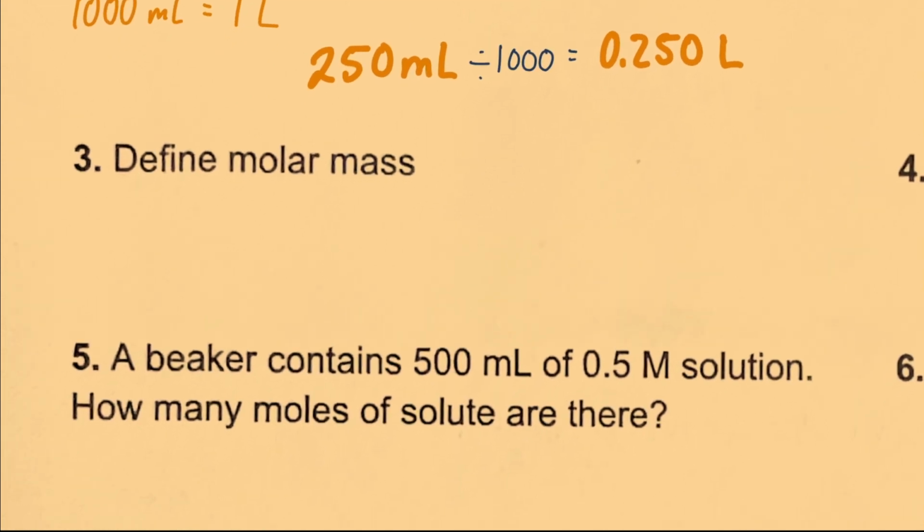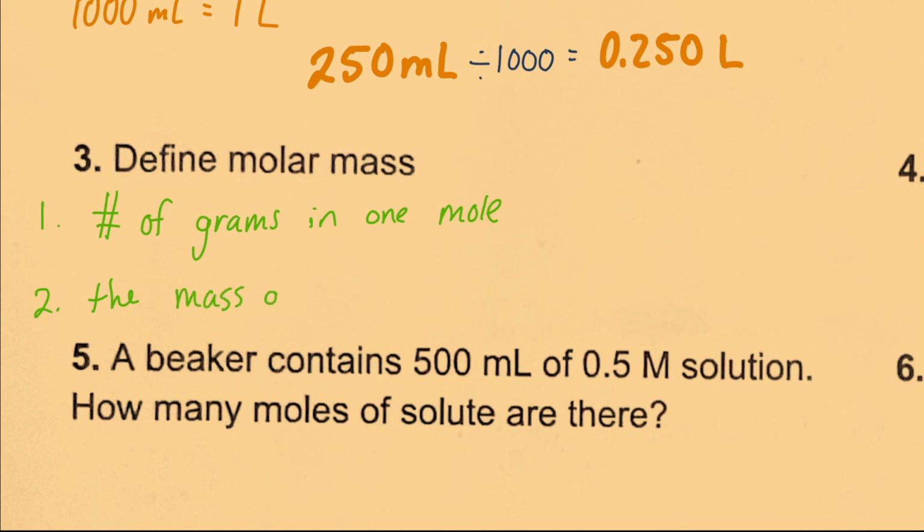Number 3, define molar mass. This, as we know, is the number of grams in 1 mole. Or we can say that it is the mass of 1 mole of a substance.